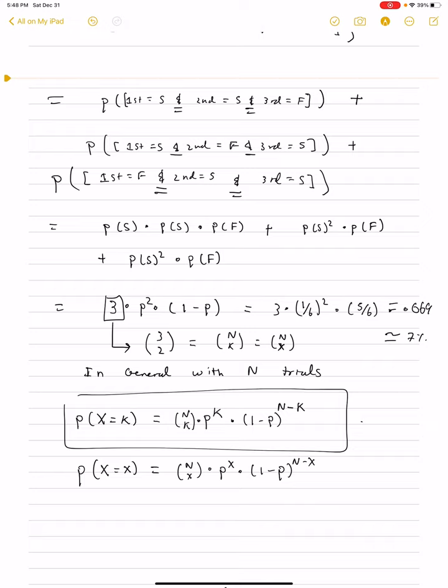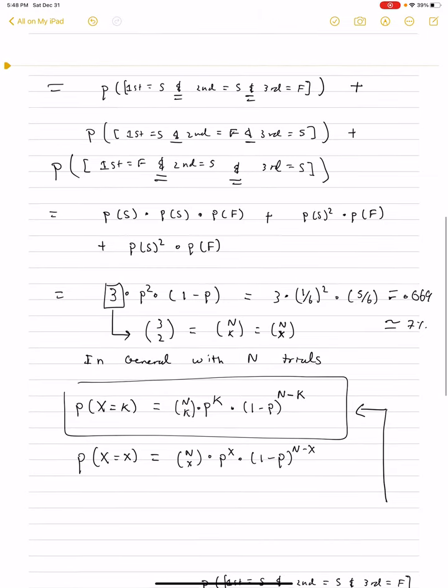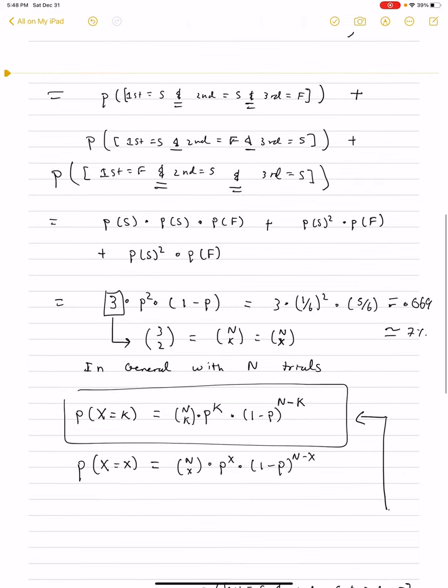Whichever one you choose, this is just replacing a variable. This is the general binomial distribution formula. So it's the general binomial probability distribution.